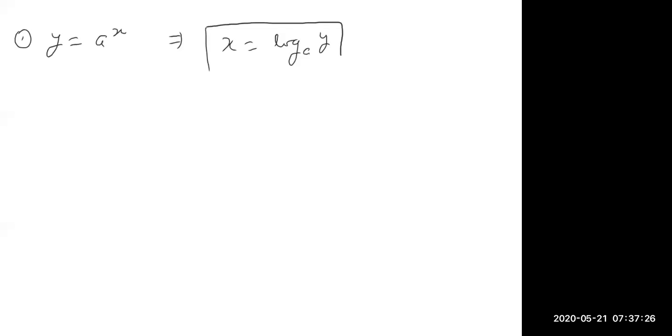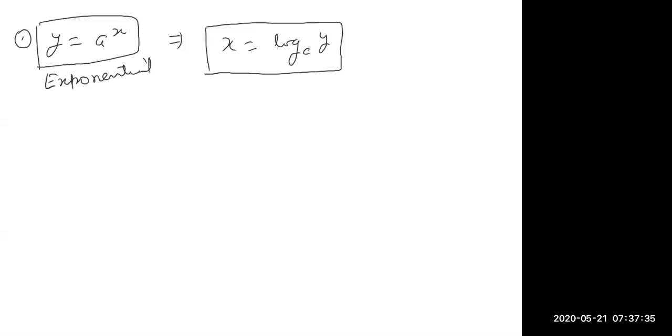These two functions are equivalent functions. This is an exponential function and this is a log function. First note down this much, then I'm explaining details here.